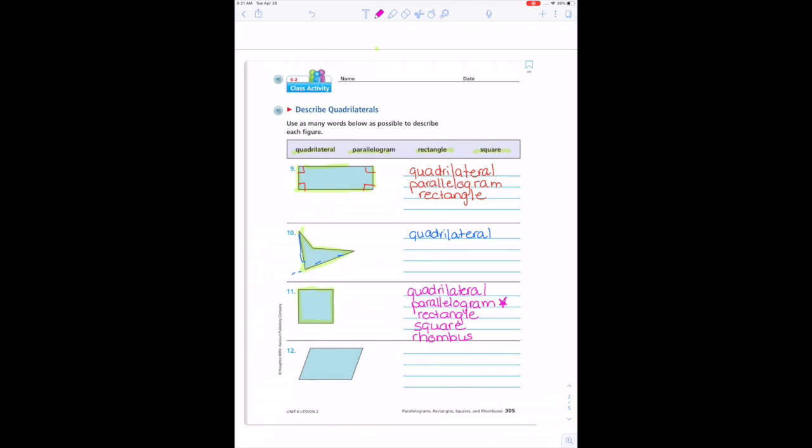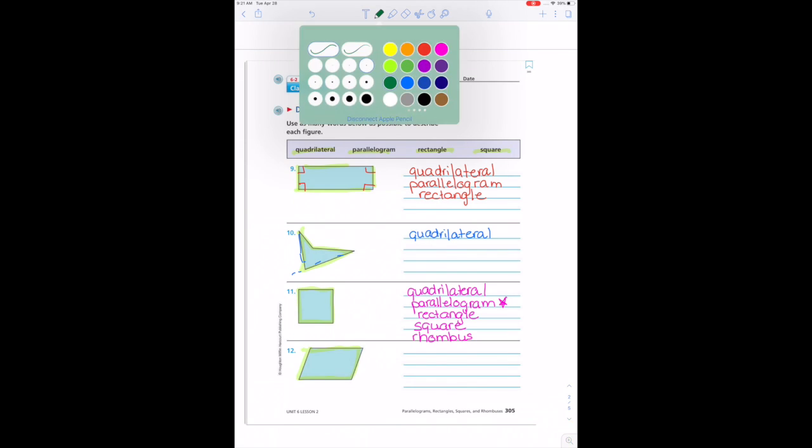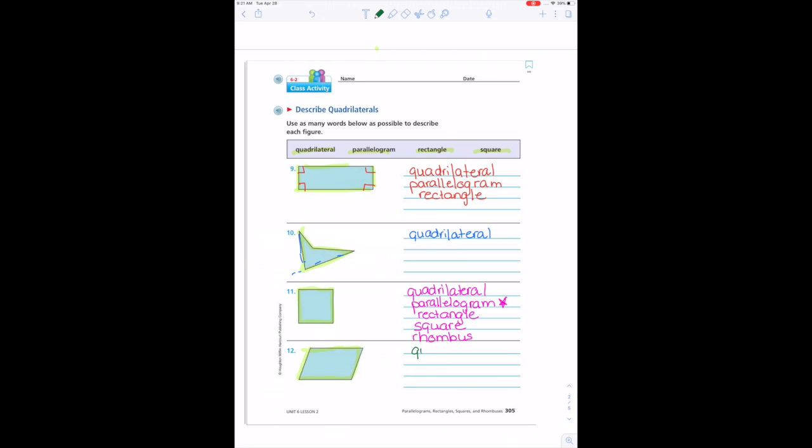All right, so now let's come down to this last one, number 12. Does it have 4 sides that connect? It does. So we do have a quadrilateral, okay? That's a bugger of a one to write.